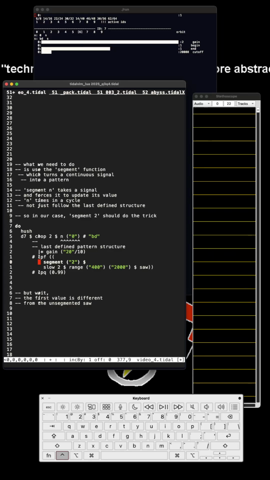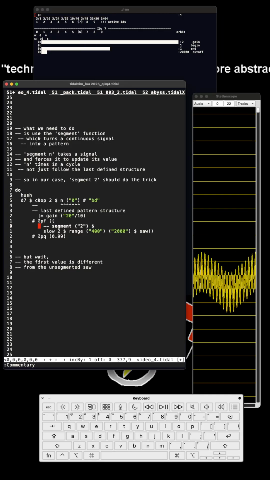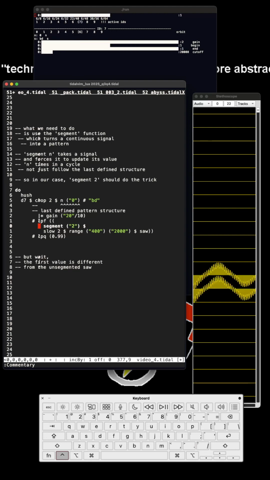But if you listen, there's something weird about it. The values are completely different. The low value and the high value in the pattern without segment are not present in the pattern with segment. So why is that?